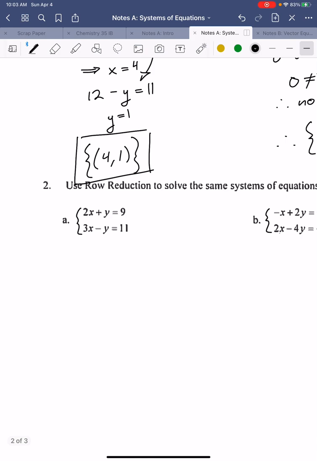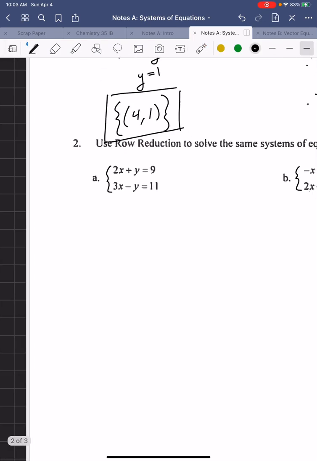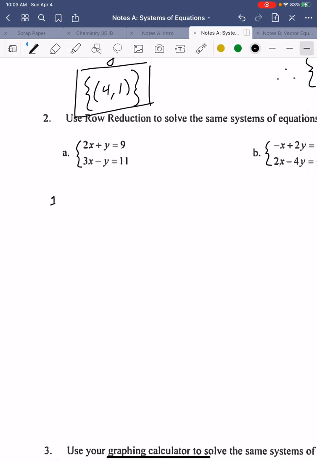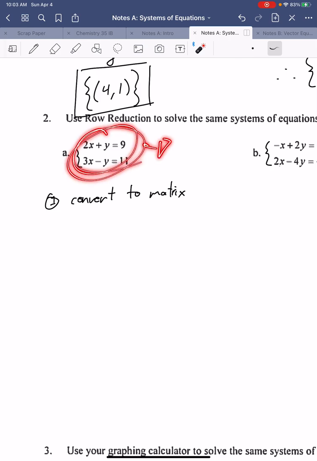So now that we looked over these, we're going to try something called row reduction. Here are the steps to row reduction. Step 1 is convert to matrix, which means we want to turn this over here into a matrix that looks like that.